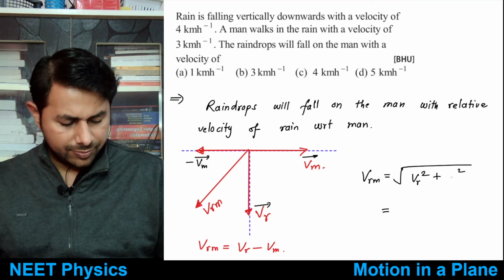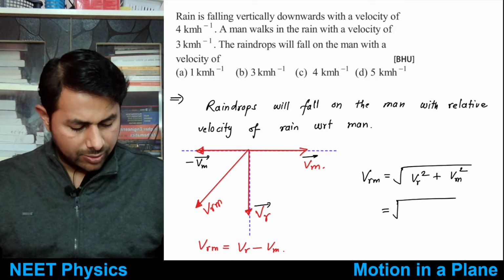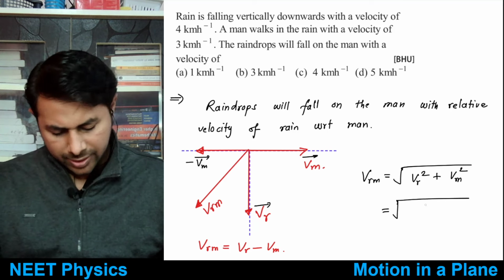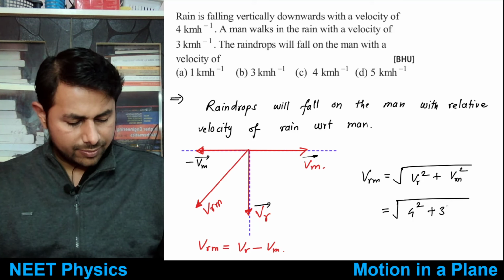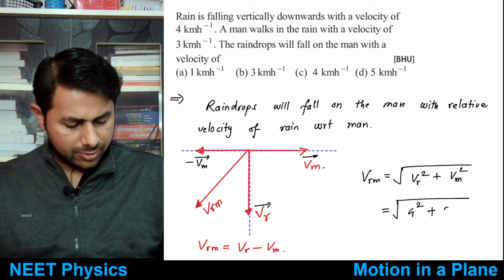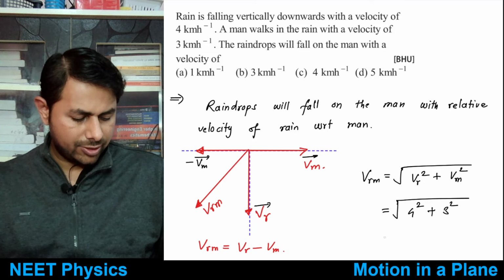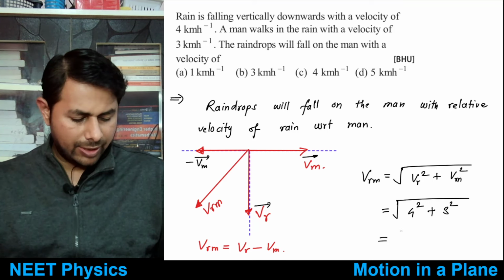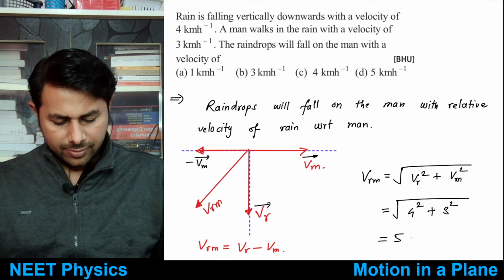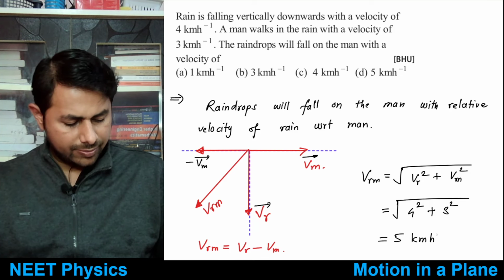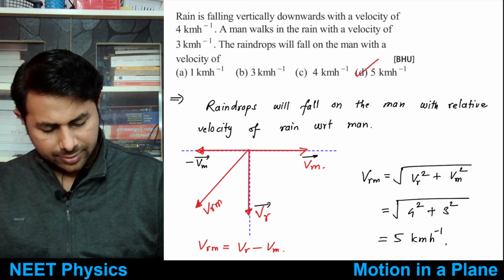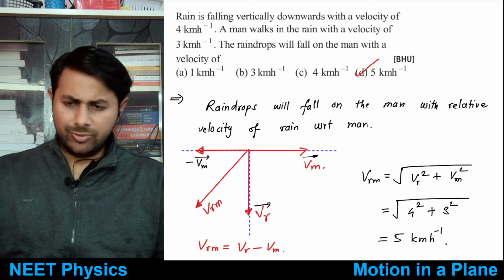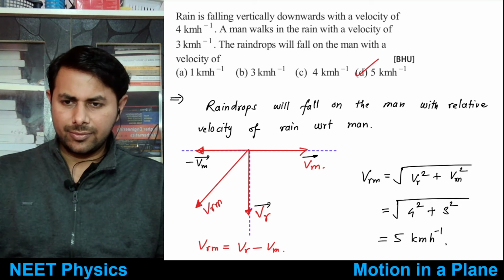That is 4 square plus 3 square. Okay, that is 25. Square root of 25 is 5, and unit is kilometer per hour. So it is option D. This one is clear, everyone?